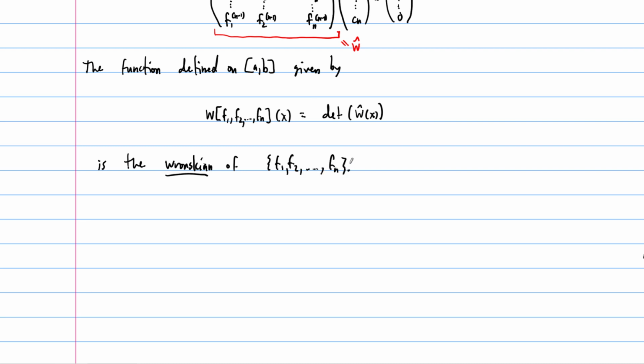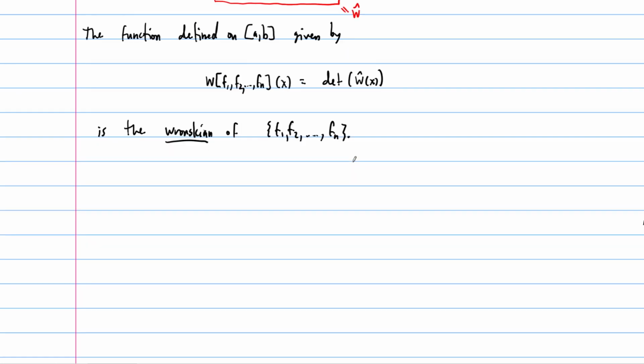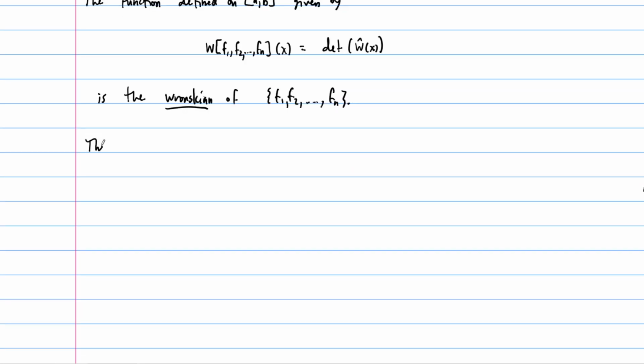And with the Wronskian, we obtain this theorem. It turns out the theorem is only a one-way theorem. The theorem says, let f1, f2 through fn be functions in the function space C^(n-1)(a,b), exactly the same situation that we just built the Wronskian with.